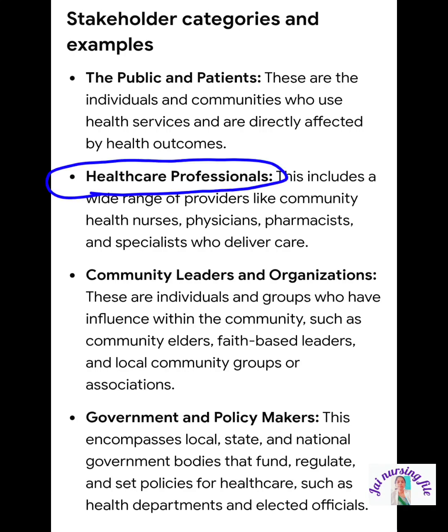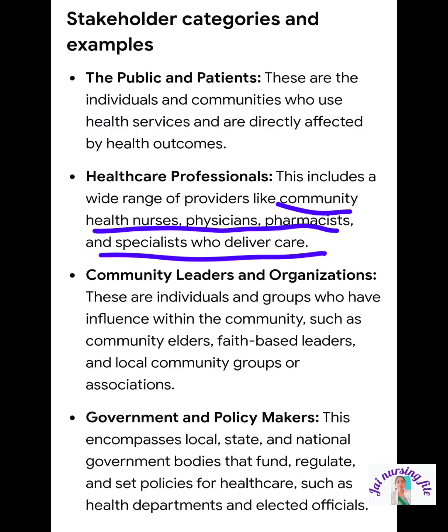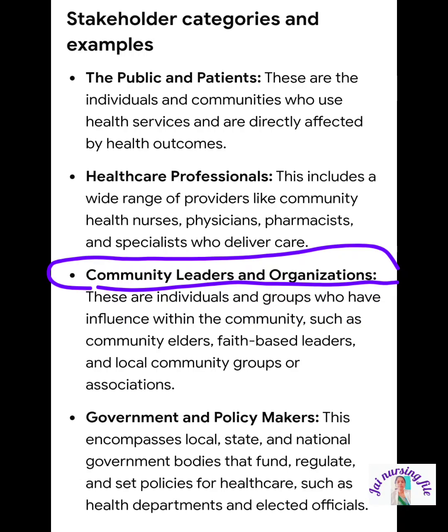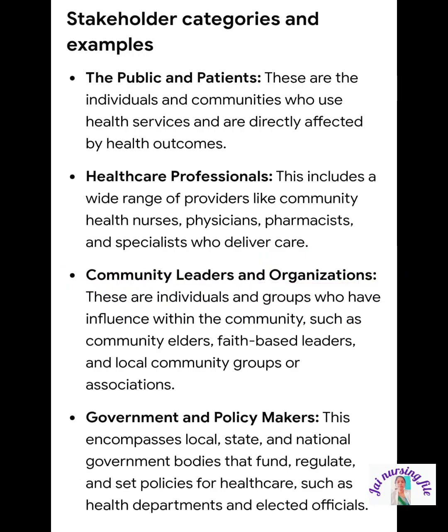So the patient. And second one, healthcare professionals, already you know. The community health nurse, physician, pharmacist and specialist. And next one, community leaders and organizations. These are individuals and groups who have influence within the community. For example, community leaders, faith-based leaders, and then local community groups or associations.